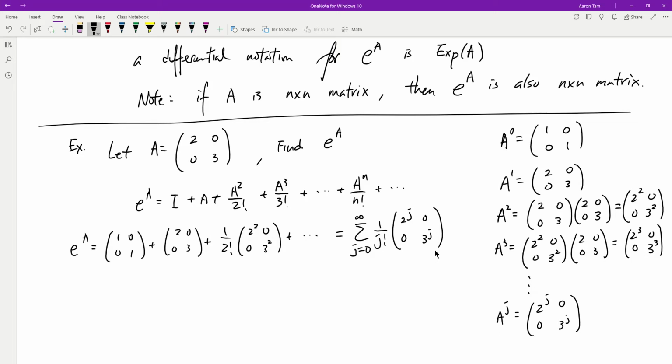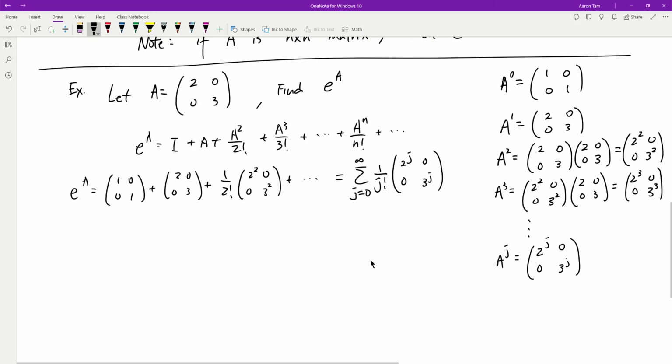So now it's just a matter of figuring out what the summation is going to be. It's actually not too bad to do, because even though we have a summation of a matrix, the nice thing is that the summation is technically linear.